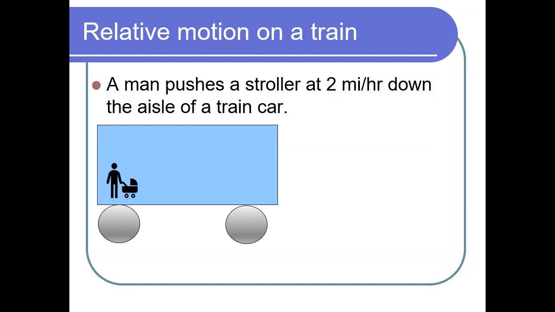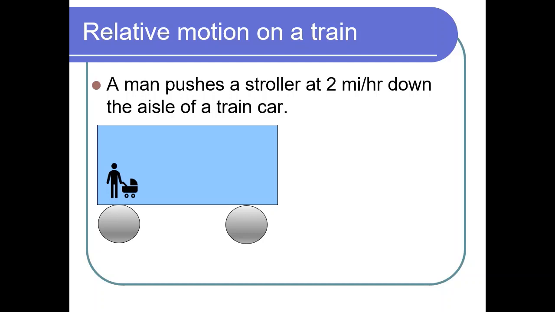In this example, we have a man pushing a stroller at 2 miles per hour down the aisle of a train car. Now, it turns out in these problems, it doesn't matter if we're using SI units or US customary units such as miles per hour, as long as we're using the same unit in every part of the problem.